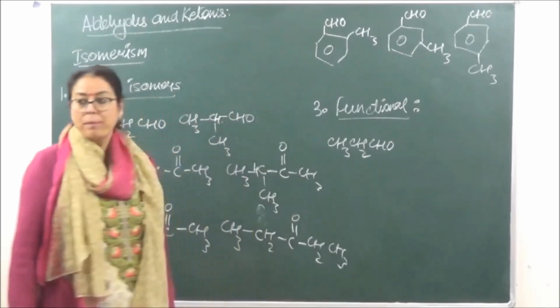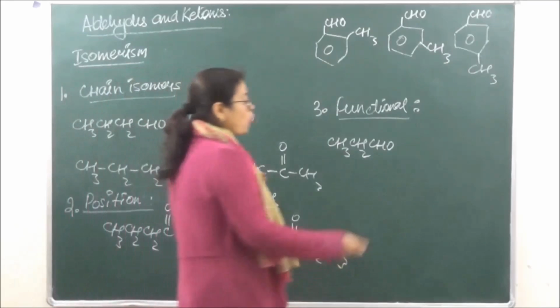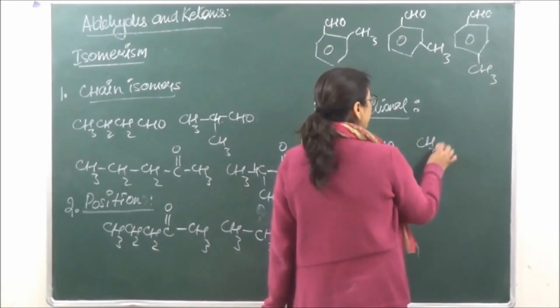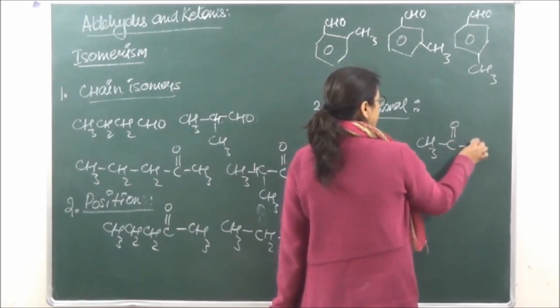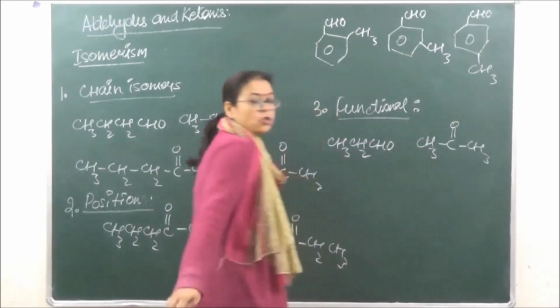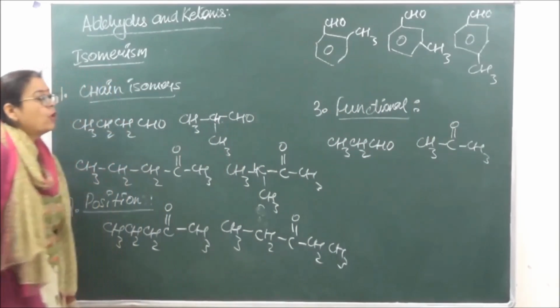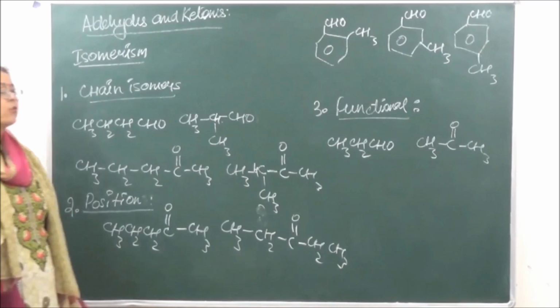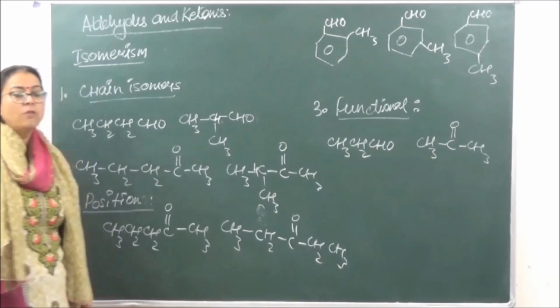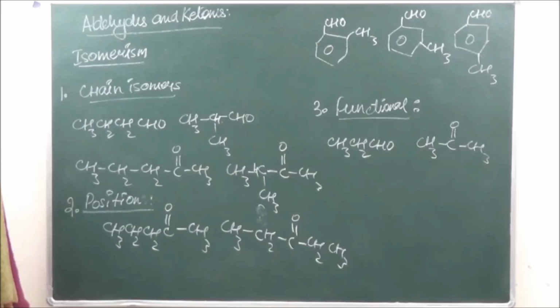This is going to be propanol और कीटोन जो होगा वो इसका फंक्शनल आइसोमर है एसीटोन. So propanol and propanone, they are going to be functional isomers of each other. ठीक है, आपको ये मालूम है ना कि फंक्शनल आइसोमर्स जो है उनकी केमिकल प्रॉपर्टीज अलग रहती है, फिजिकल प्रॉपर्टीज भी कुछ थोड़ी बहुत ही अलग रहती हैं.